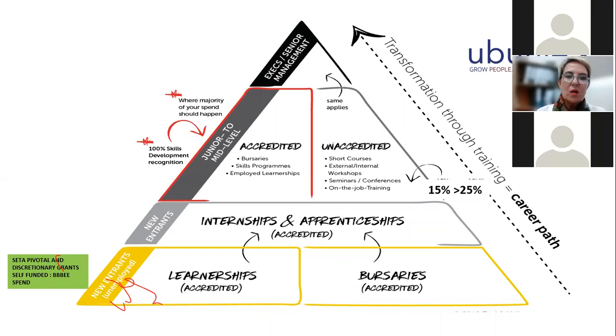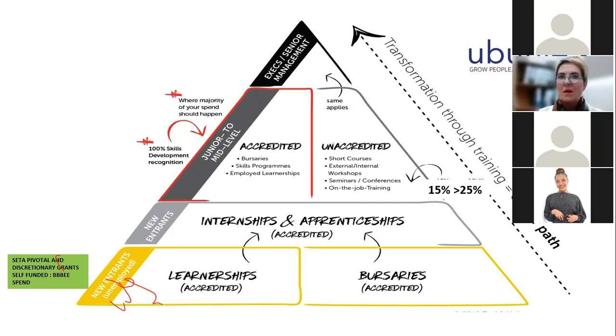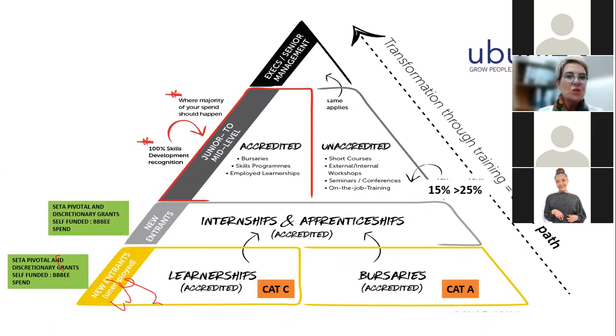So when we look at the unemployed opportunities, remember, CETA funding is available if you just plan well and submit your WSP. Your BBBEE is supported because learnerships fall under the learning program matrix under category C, and also bursaries under category A. And then your internships, as I've said, there's CETA PIVOTAL and discretionary funding available, and it also falls under category D of the learner programs.